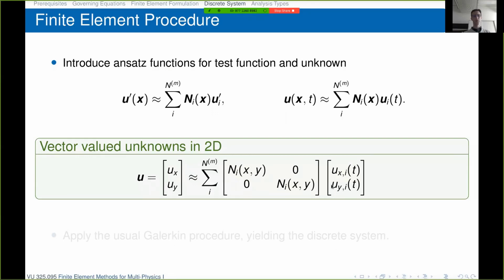And for y, we take the same ansatz functions again. So this is how we apply this vector valued boldface notation here for 2D. And then we can apply the usual Galerkin procedure, which yields a discretized system.